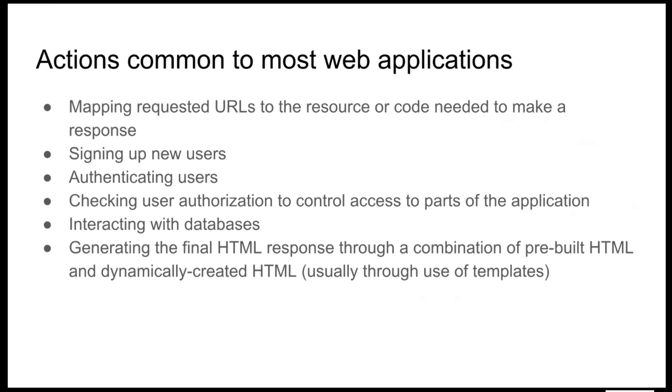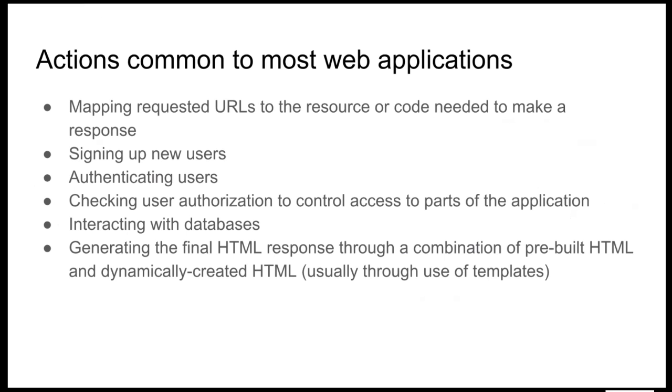Obviously, what's common to a lot of web applications is they're going to want to interact with databases. How are you going to get persistent data if you don't interact with the database? And most web applications are going to be involved in generating the final response that's sent to the browser, and it's a combination of pre-built HTML and dynamically created HTML, usually through the use of what are called templates.